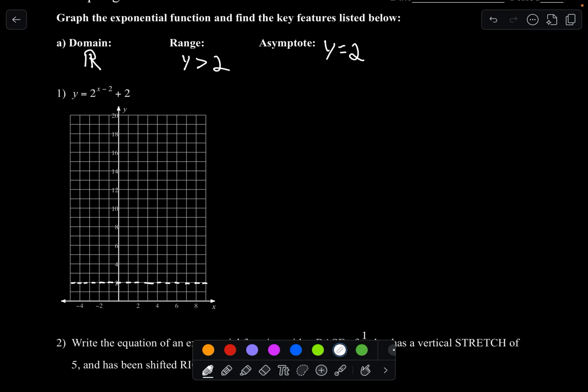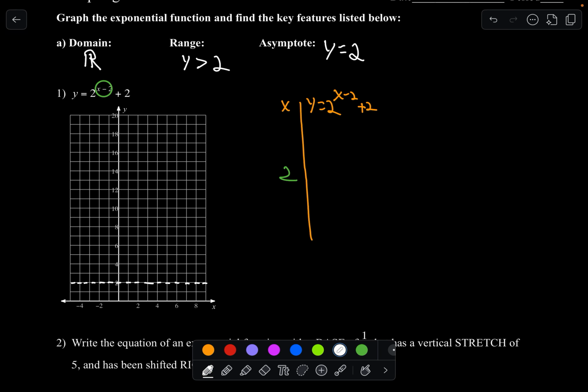So what we're going to do is make a quick little table where I choose x and I calculate y. It's not really that hard, because my x value is going to be whatever makes the exponent equal to 0. So what makes x minus 2 equal to 0? That's going to be 2. So I'm going to put positive 2 in the middle.